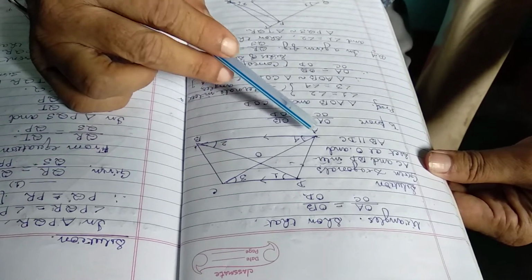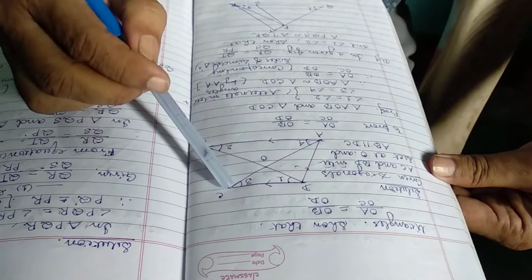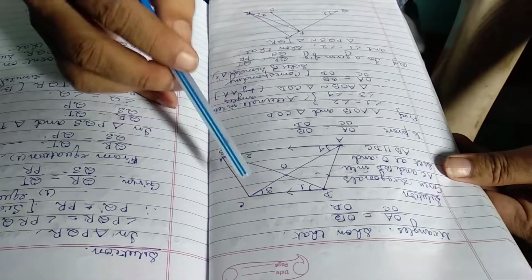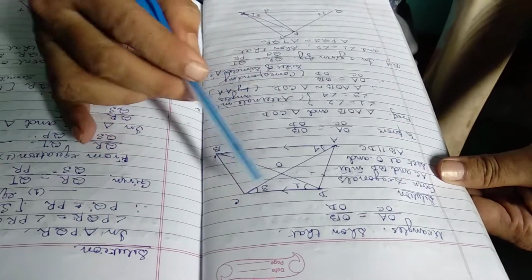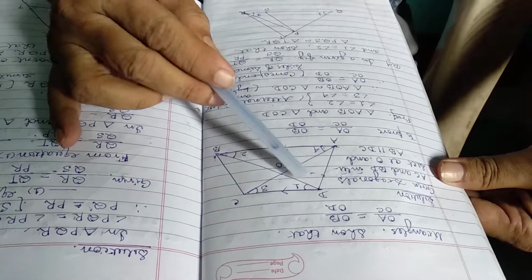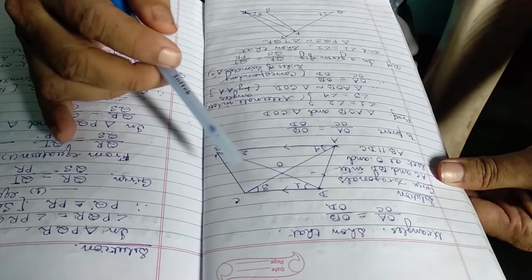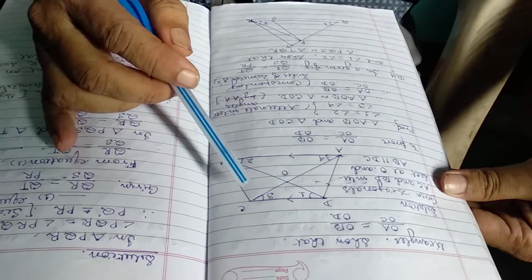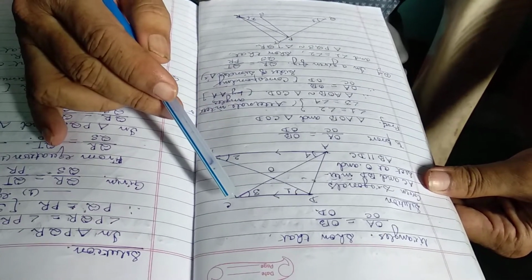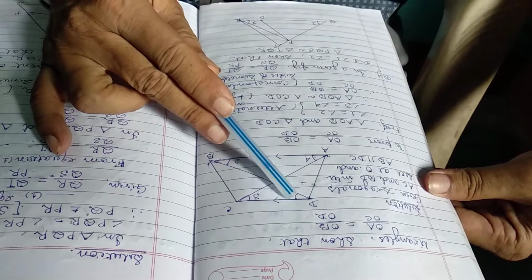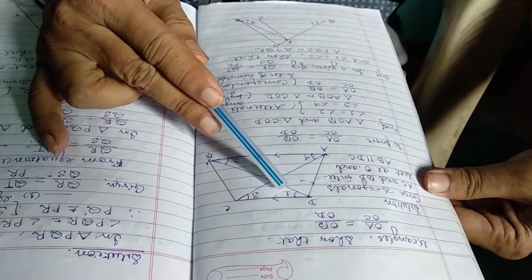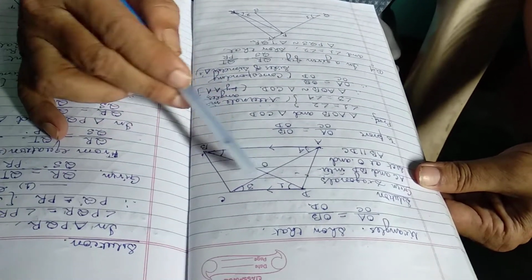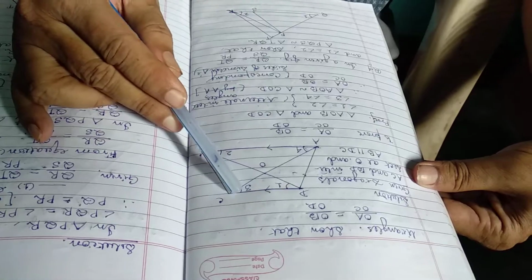Now in triangles AOB and COD, look at the figure here. Now denote the angles by the numbers 1, 2, 3, 4 like this. What I am telling you, denote in your figure also. Angle ODC, denote by 1, give an arc and put 1 here. Angle OCD, denote this angle by 3.